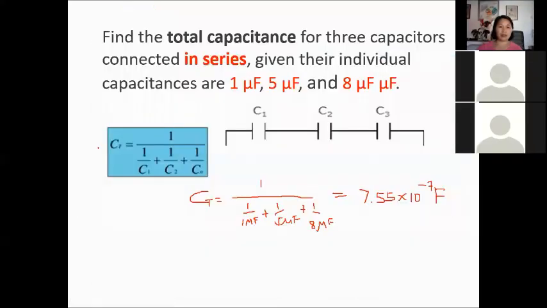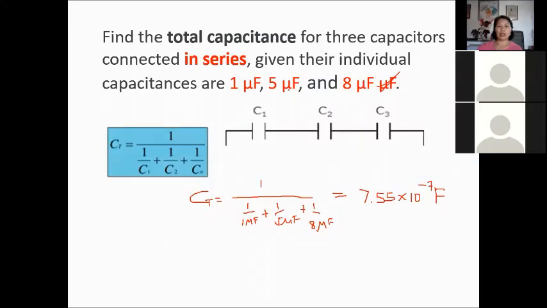Example, find the total capacitance for 3 capacitors connected in series. So given their individual capacitances, 1 microfarad, 5 microfarad, and 8 microfarad. Okay, so first thing is to draw a diagram.